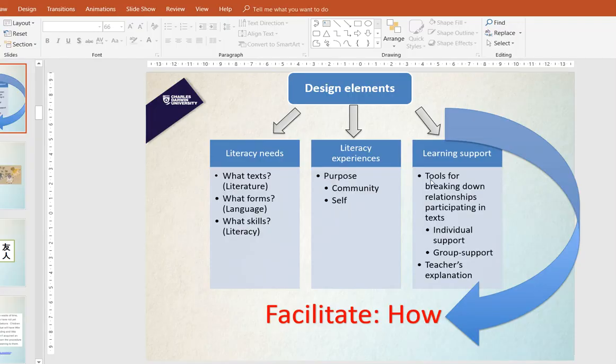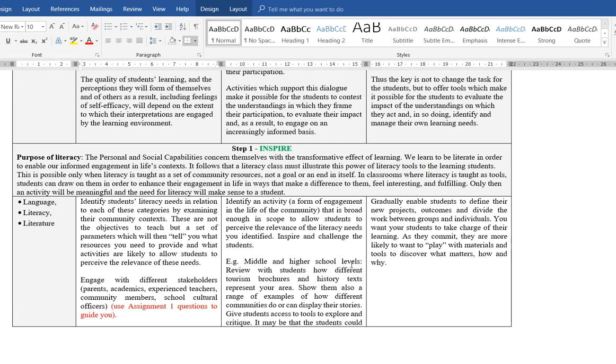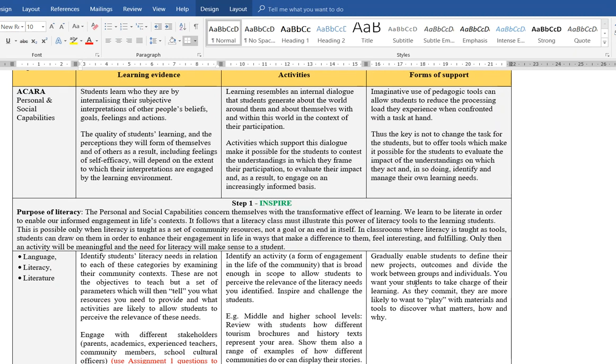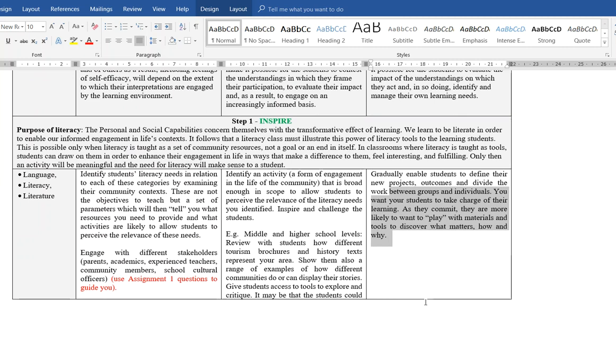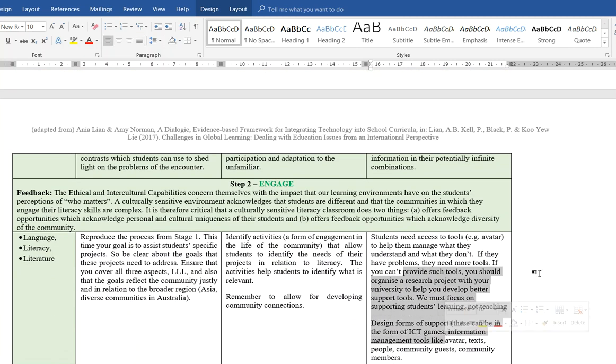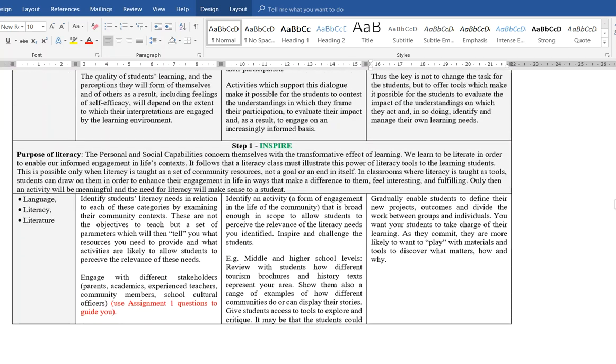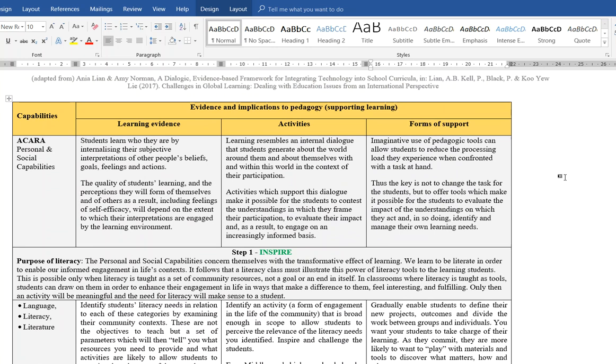So when it comes to tools for breaking down relationships participating in text, okay, so it doesn't matter, and as you will know, because you will look into a framework here, for each of the stages, the inspiration, the engagement, and so on, you will want to use some tools enabling students to actually complete the activities, right?